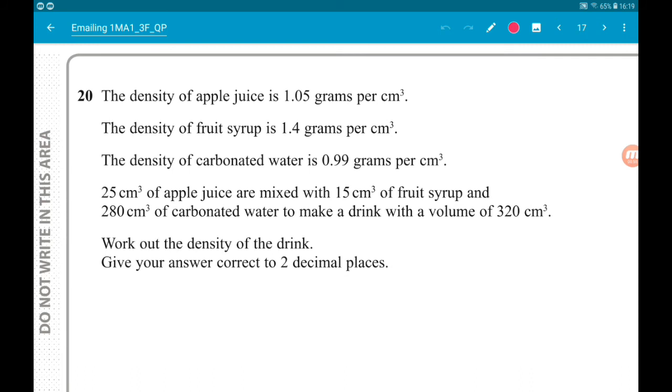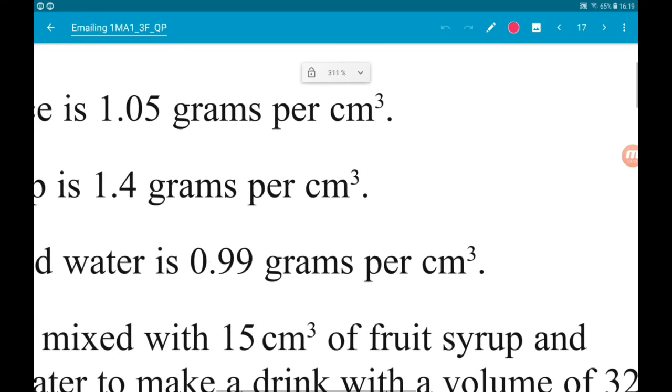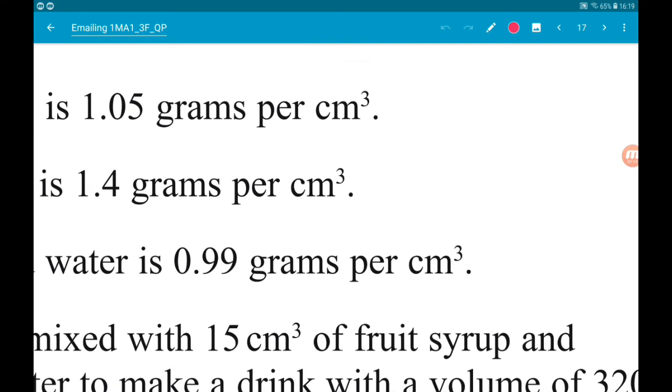Okay, so density is mass divided by volume. Now, if you struggle to remember that, look at the info that we're given. We're told the density is blah blah blah grams per centimetre cubed. Grams is mass, centimetres cubed is volume, and you can think of per as a fraction line.